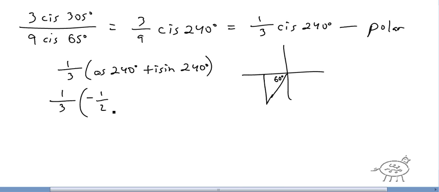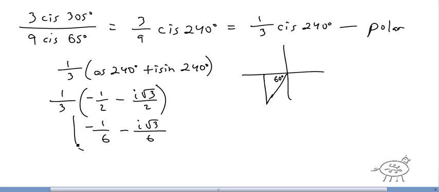Sine of 60 is root 3 over 2, so it's minus i root 3 over 2. Don't forget that i. You distribute the 1/3, so we get negative 1/6 minus i root 3 over 6. And that is your rectangular form. Okay, it's pretty easy stuff.